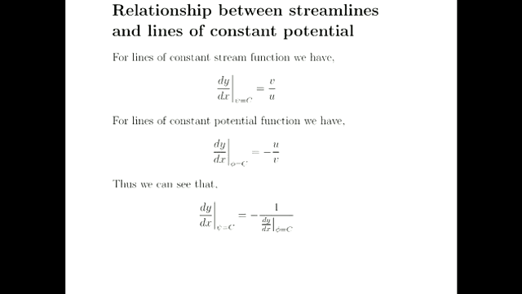I'd shown it anecdotally through those few derivations of the uniform flow and the source flow, but this is a more formal proof of the fact that a line of equipotential, constant phi, is going to be orthogonal, perpendicular to a streamline, or a line of constant stream function.